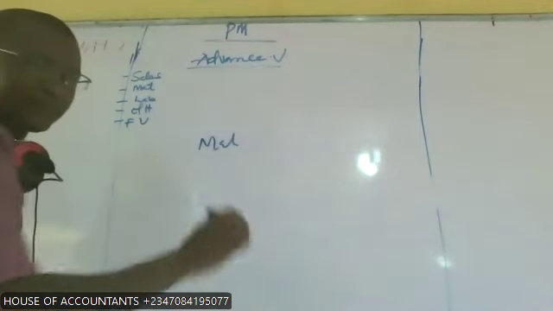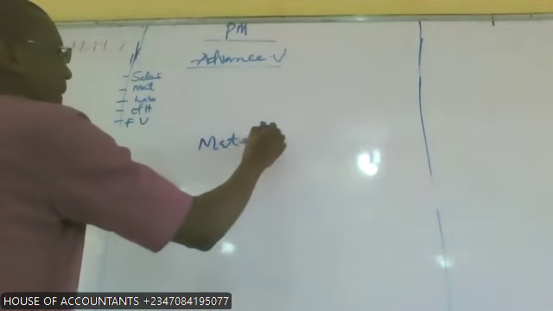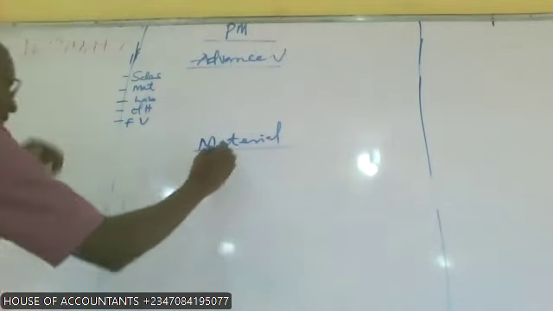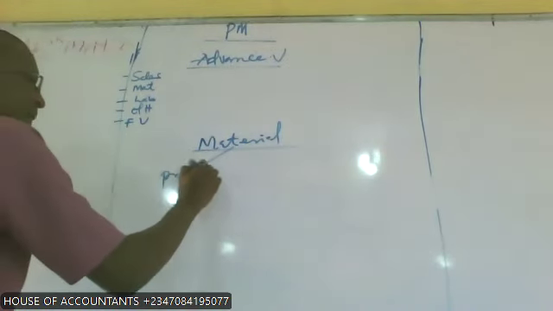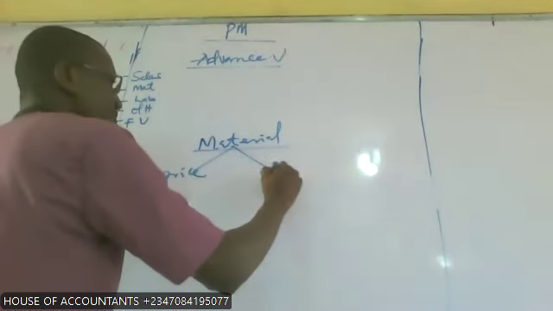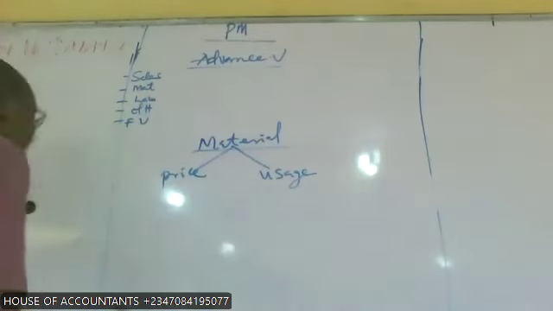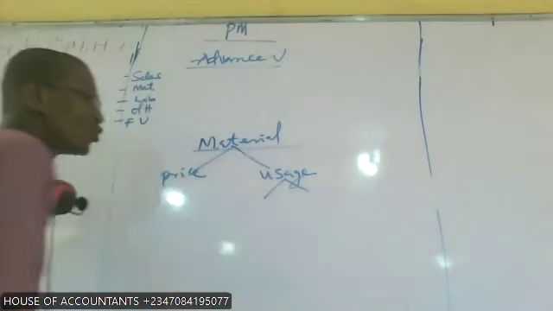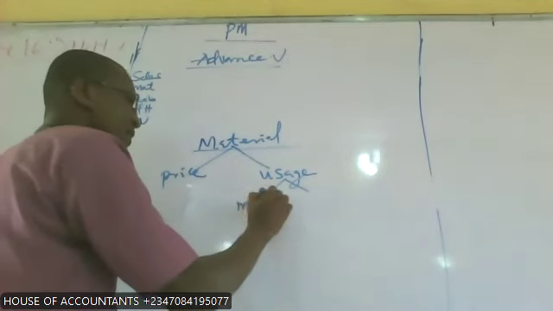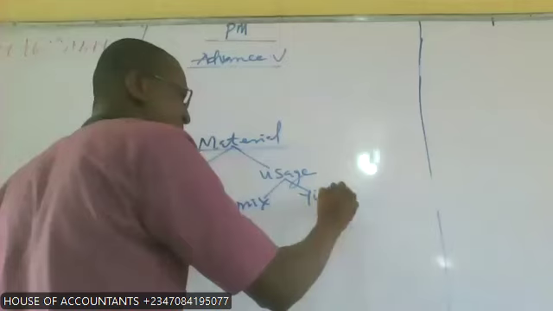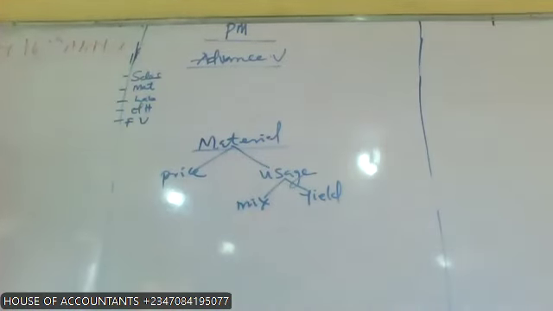Material is also divided into price and usage. Now, this usage again can be further divided into two. We'll call it mix and yield.